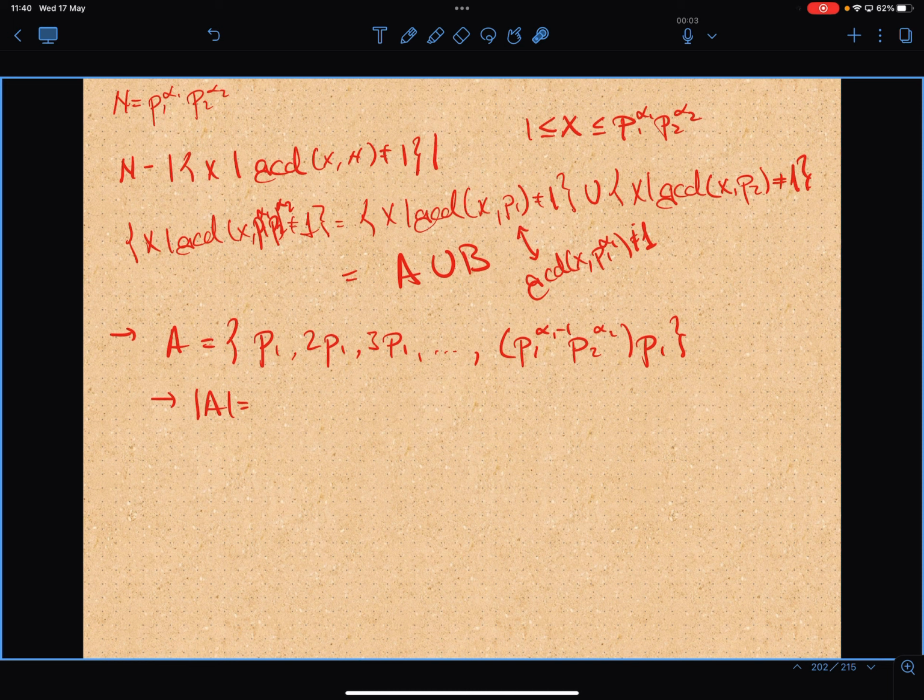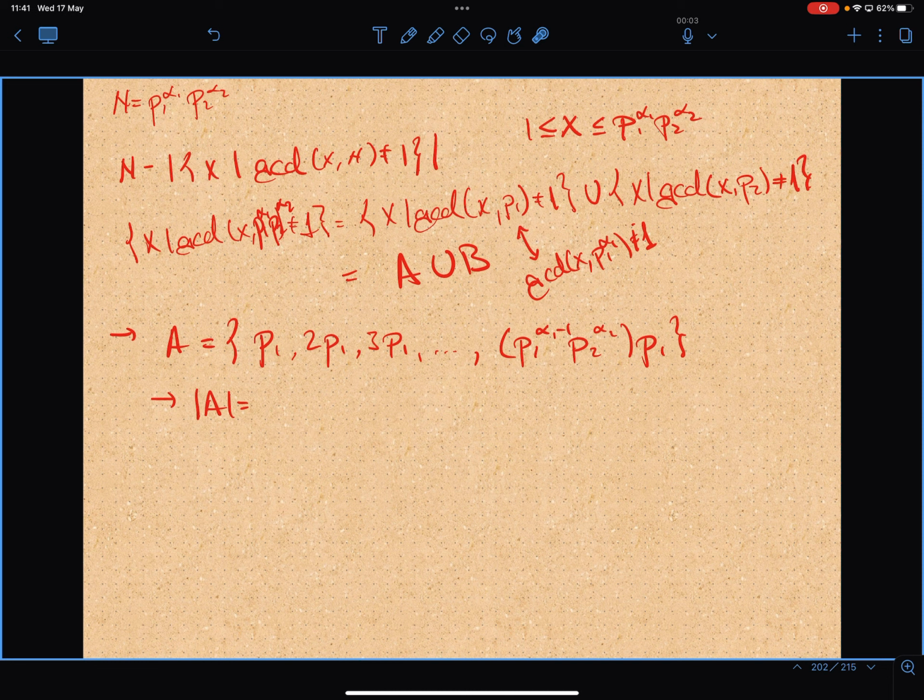And then for A, if they have a factor in common, then it has to be a multiple of p1. So I just write all the multiples of p1 until I get to p1^alpha1 p2^alpha2.